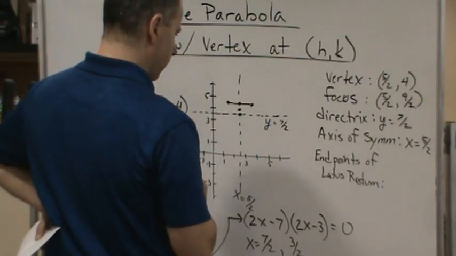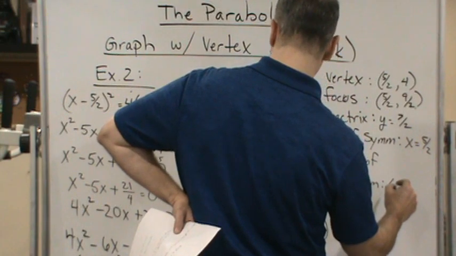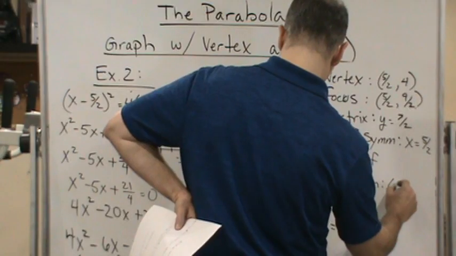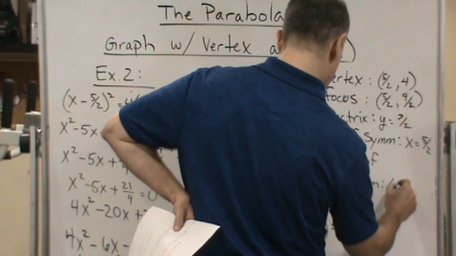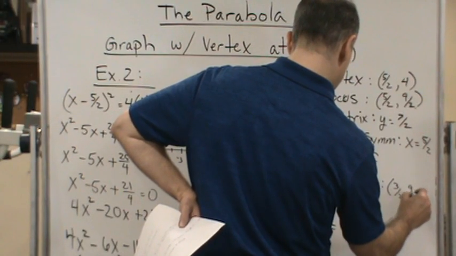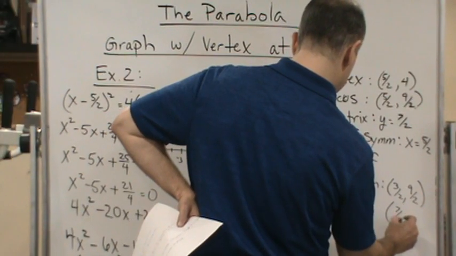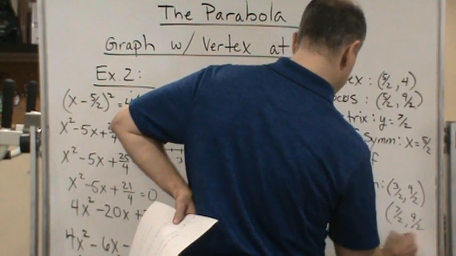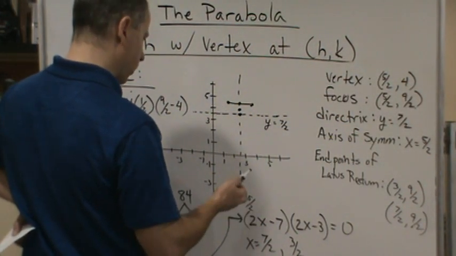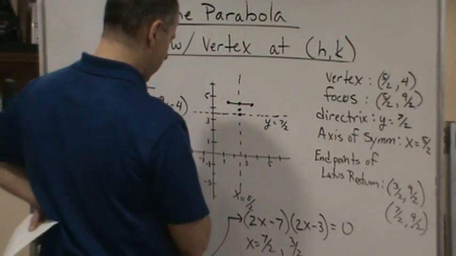The endpoints of the latus rectum are at y equals 4.5, so that's going to be 3/2 and 9/2, and 7/2 and 9/2.